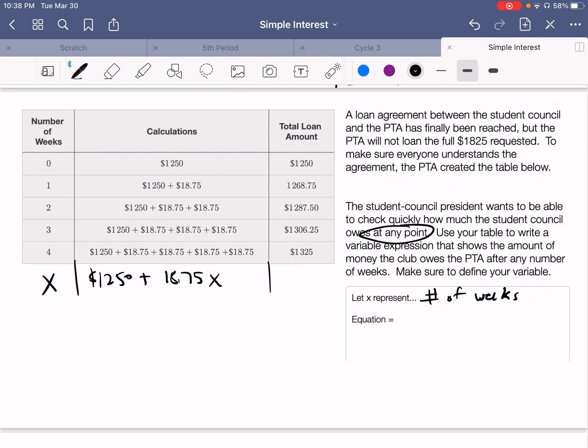So this is my expression: 1250 plus 18.75x.